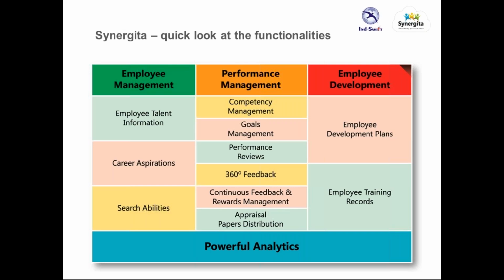You can also do 360-degree feedback to make performance management more effective. It gives the opportunity to collect feedback from your peers and customers, which adds a lot of value to the performance review process. The continuous feedback and rewards management will help you engage with the employees throughout the year. And finally, the appraisal papers distribution can be automated through the system.